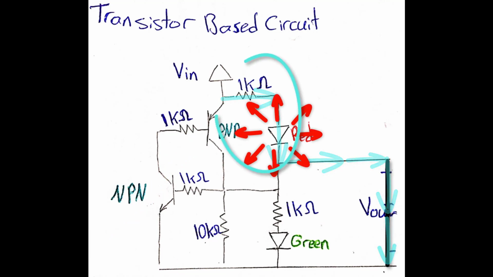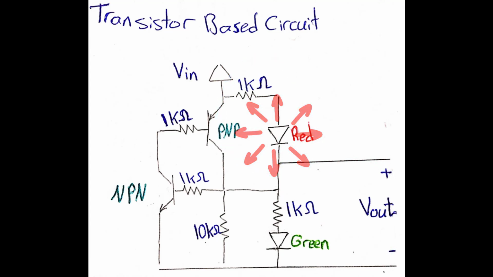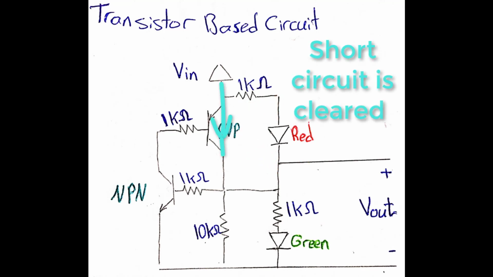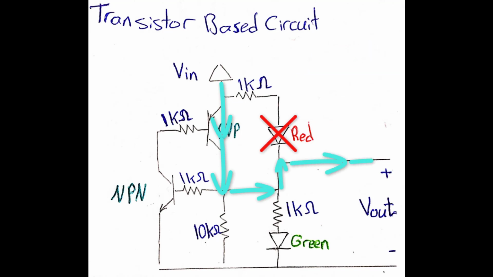Since this branch is not shorted anymore, the red LED will light up, indicating that the output is disconnected. And guess what? When the short circuit is removed, the transistor-based protection circuitry will automatically reconnect the input to the output, since once again a potential difference will be formed at the output, and the process will loop back again.